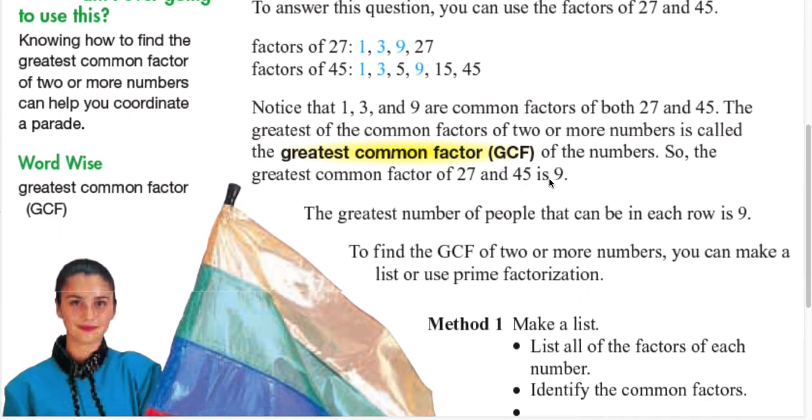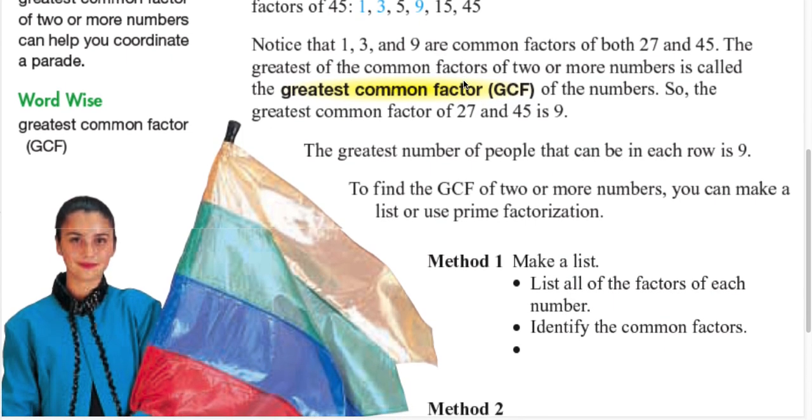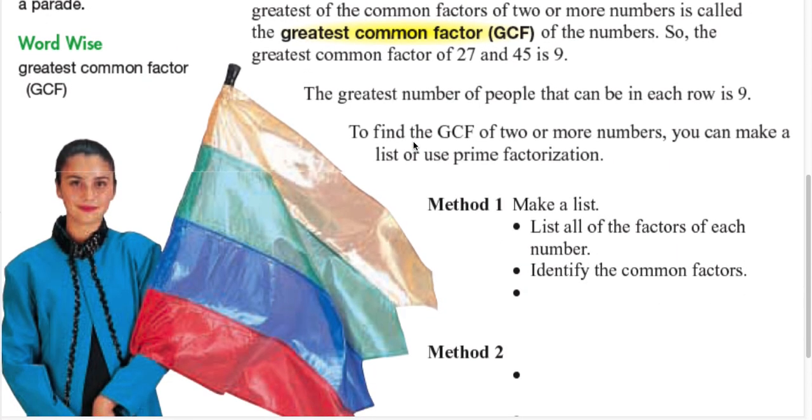Just as we did here, we listed all the factors of 27: 1, 3, 9, 27, and 1, 3, 5, 9, 15, and 45 for the number 45. And then we identified the common factors. Those are the ones in blue. And then after identifying the common factors, the greatest of the common factors is the GCF, and that's how we identified 9 as the GCF of the two numbers.